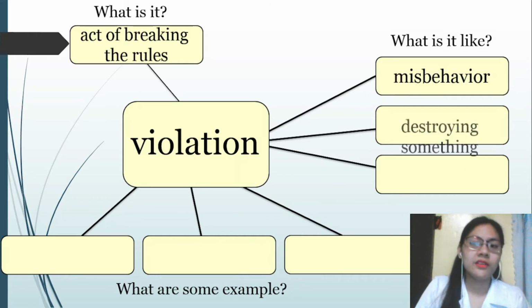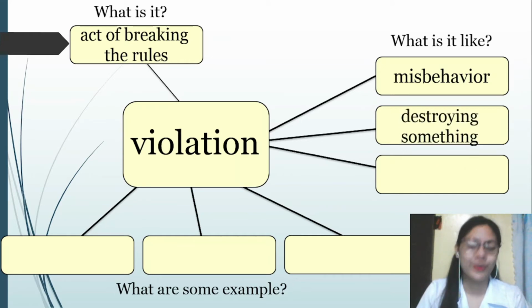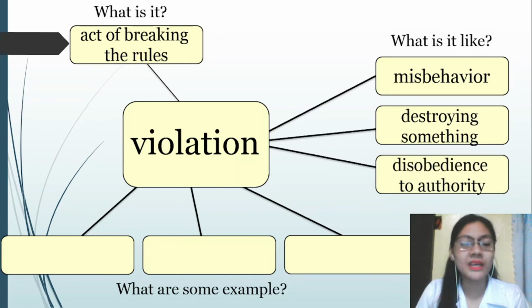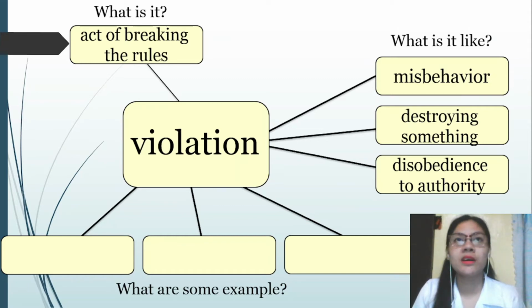Okay, someone said destroying something. Very good, thank you. And for the last one, what do you think it is? Yes, it can also be disobedience to authority. Thank you, you all did a great job citing some other examples or definitions of it.